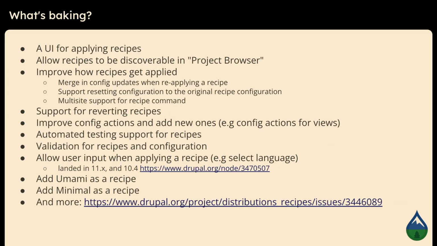What's coming up? So phase one is complete. We have a semblance of recipes in core. What's the initiative doing now? Right now they're working on a UI for applying recipes. So we're going to see a bit later that the only way right now to apply recipes is through the command line using a command provided by Drupal.